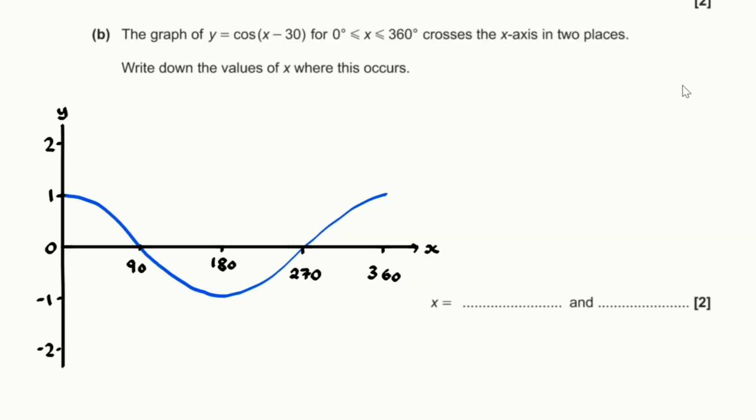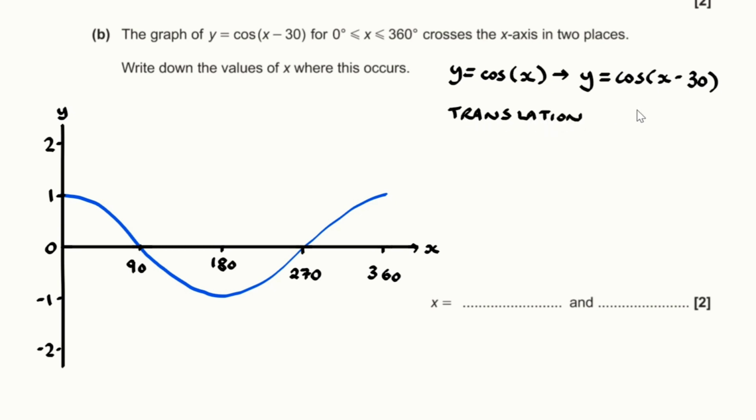Well, here is the graph of y equals cos x. So far, it crosses the x-axis at 90 and 270. Now, going from the graph of y equals cos x to the graph of y equals cos of x minus 30, what we have here is a translation by vector 30, 0.